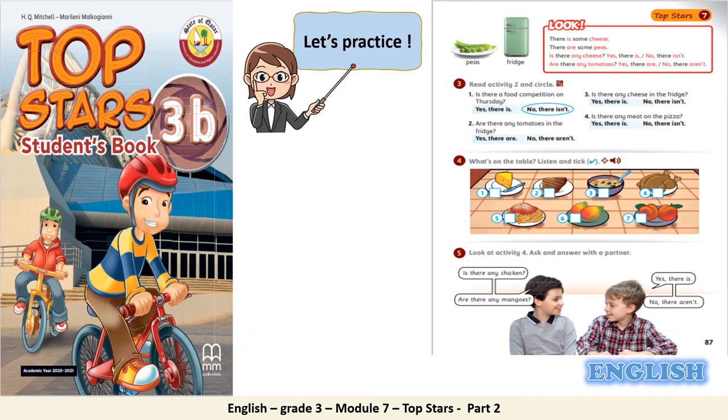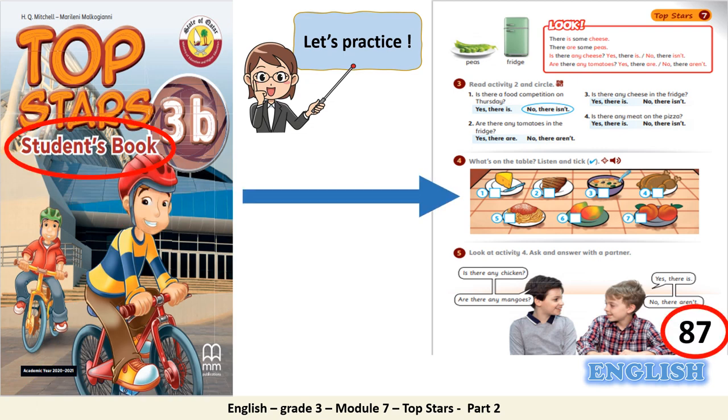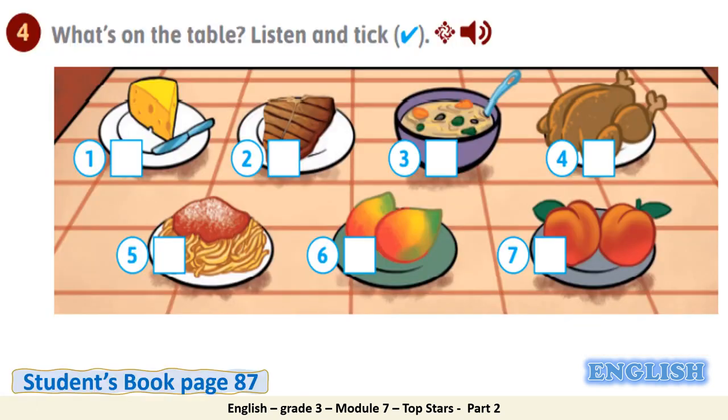Let's practice. Open your student's book, page 87, Activity 4. What's on the table? Listen and tick. Is there any chicken? Yes, there is. And there's some steak too. Okay, what about cheese? Is there any cheese? No, there isn't. But there is some spaghetti. Oh, okay, that's fine.